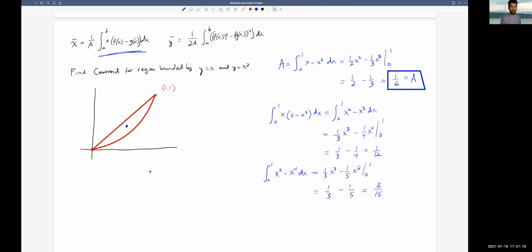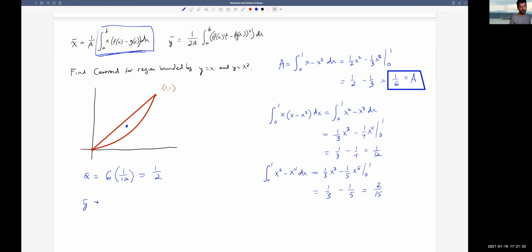So now I can simply use my formulas. The coordinates of the centroid are x bar, given by 1 over the area. So if the area is 1/6, 1 over the area is just 6, times this integral here, right? And we computed that right here and got 1/12. So 6 times 1/12 is 1/2.